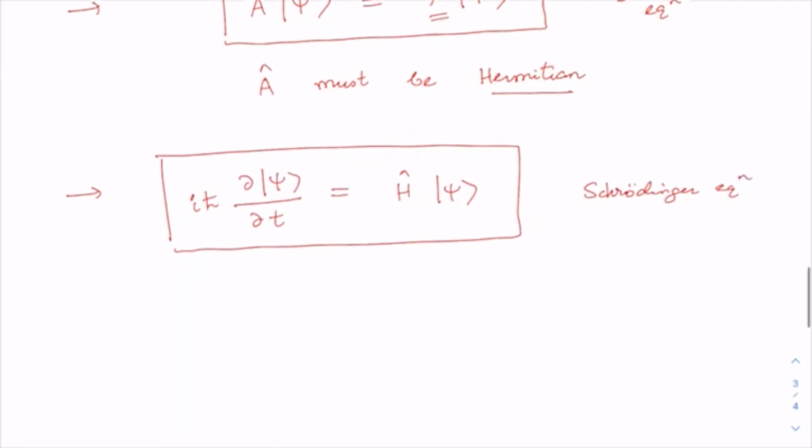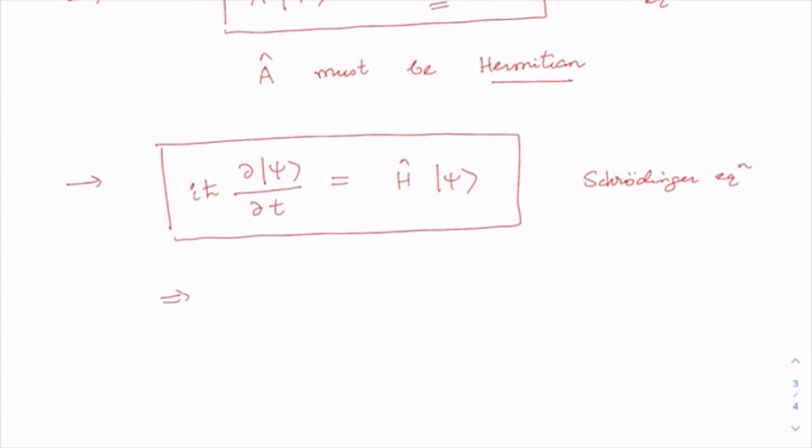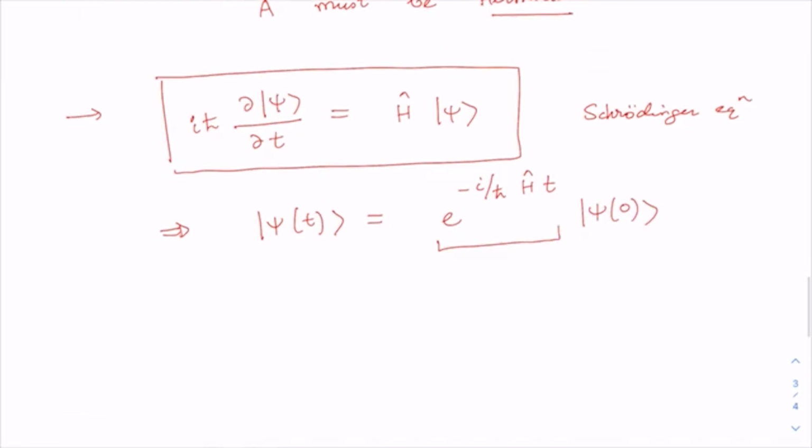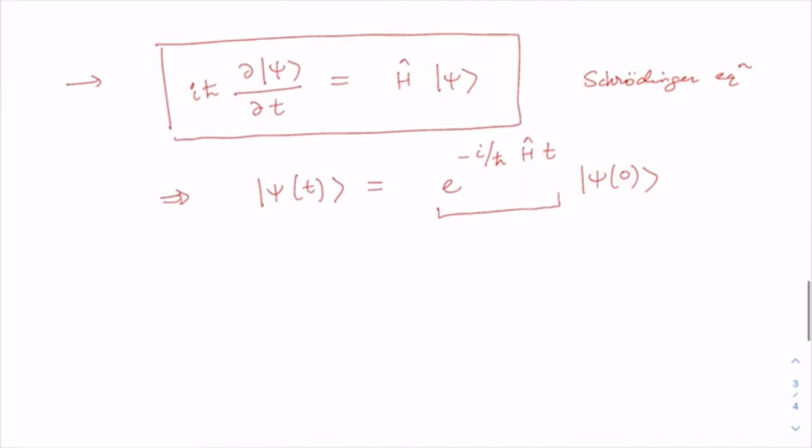From this Schrodinger equation, one can immediately write that the state vector at an arbitrary time t is equal to e to the power minus i by h cross, H t, psi of 0. And this is an operator, known as the time evolution operator.